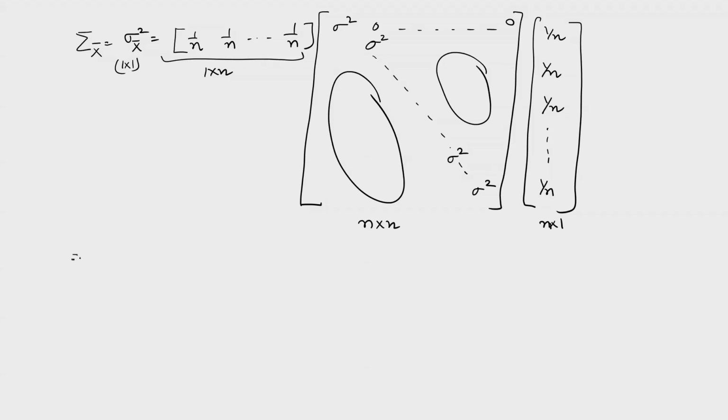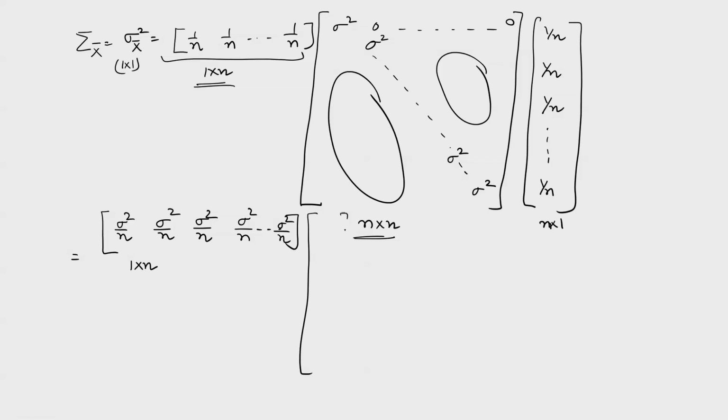Okay, so let us multiply. You will get this matrix here, and again the size of this matrix is 1 by n, and here we have this column matrix already, so it is 1 by n, 1 by n, 1 by n, and so on.